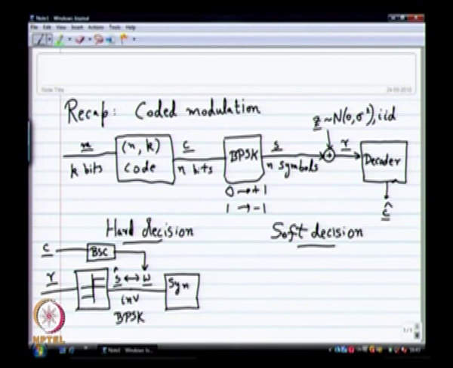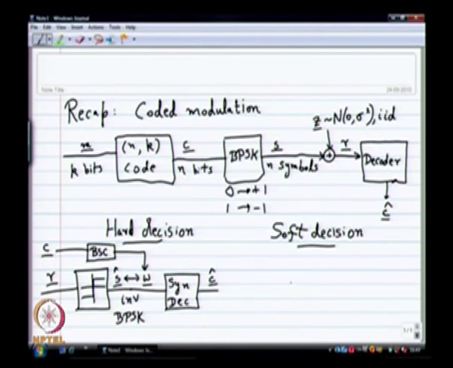The syndrome decoder is an ML decoder for the binary symmetric channel, and you get a C hat. So, this is hard decision, but clearly you can see already that it is suboptimal, because even though the vector R is not IID, the slicer is treating it as IID from a slicing point of view. You should not be slicing it, but it is slicing it. So, this is the hard decision decoder.